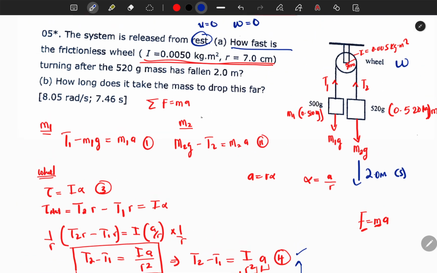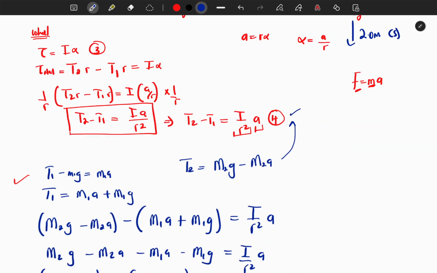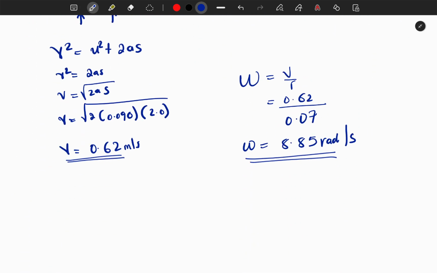But when we look at what we've been given, it's 8.05. What is the problem? The problem is the moment of inertia; it was supposed to have 3 zeros here. So it was supposed to be 0.0005, not 0.005. In our case, being given the incorrect moment of inertia, we still found our correct answer.